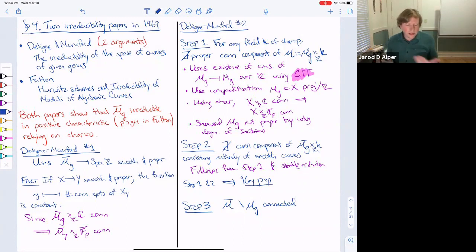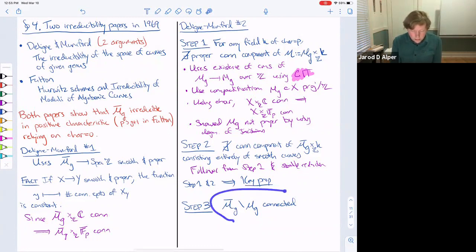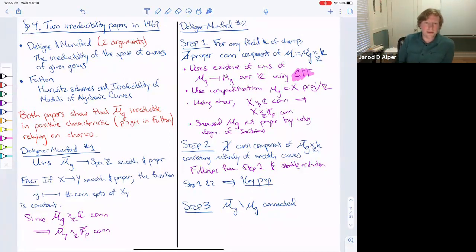And then they conclude in a very similar way, using the boundary, that the boundary is connected, in a little more ad hoc way, because in that paper they didn't introduce the endpointed versions of these moduli spaces. They didn't have the gluing maps between them, but the argument is essentially the same.